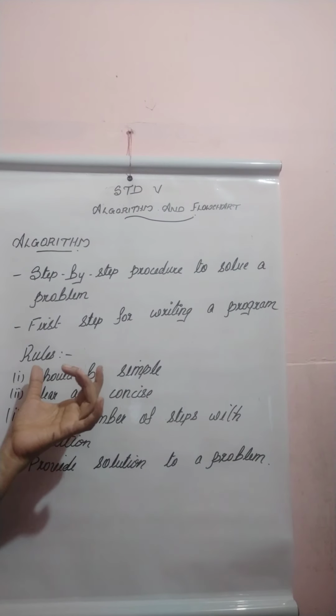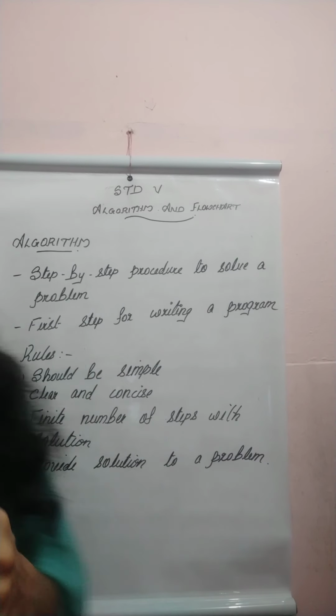But when we are writing an algorithm, there are some rules that we have to follow. Let's look. The first rule is it should be simple. Means the algorithm should be very simple. It should not be complex. When we read the steps that we have written in the algorithm, the computer and ourselves should be able to understand what it is.